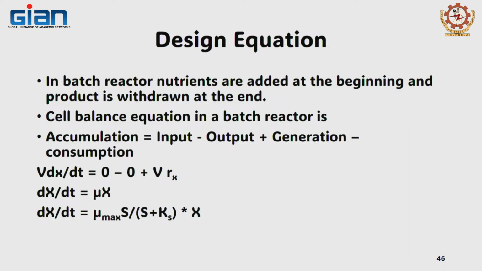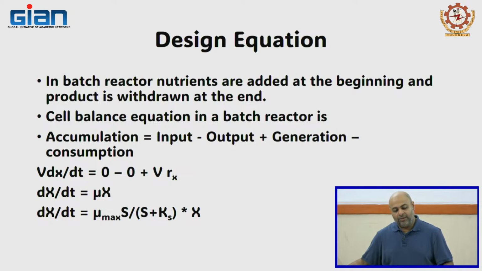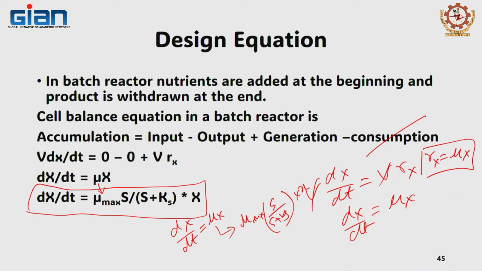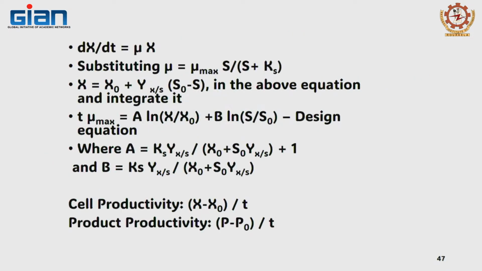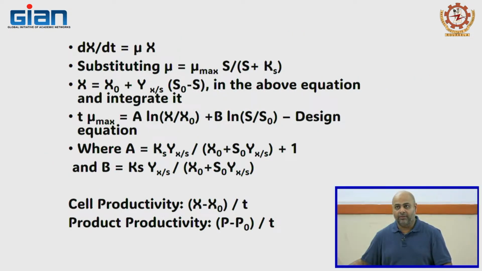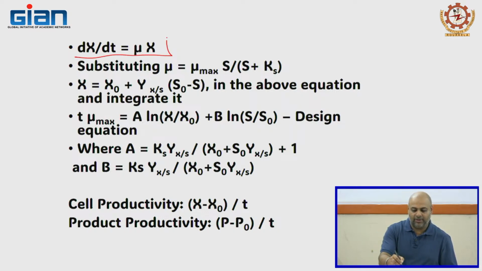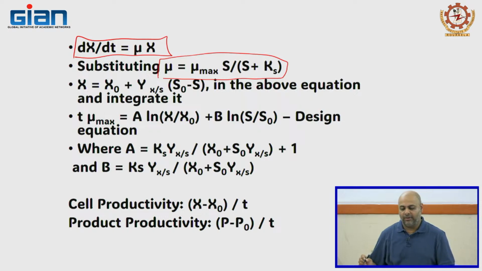In the batch, the nutrients are added at the beginning and the product is withdrawn at the very end. The cell balance equation in a batch reactor is, oh sorry, there are two of the same thing. My mistake. So, your dx/dt is mu x. We have already estimated that. We substituted mu as mu max S divided by (Ks plus S).